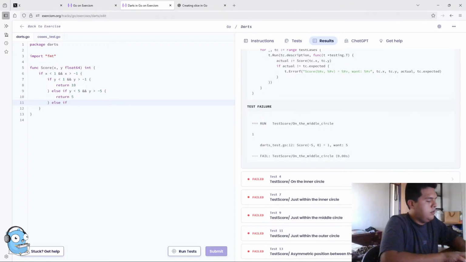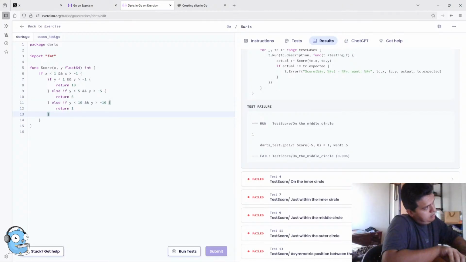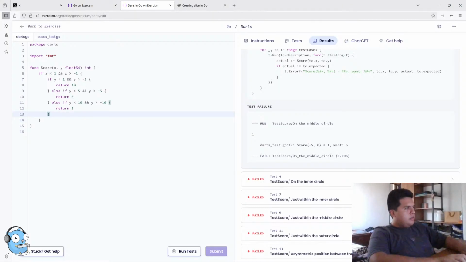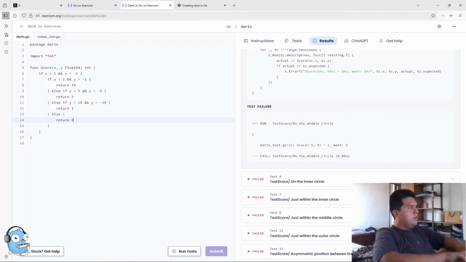Else if y is less than 10 and y is more than -10, return 1. Else return 0.